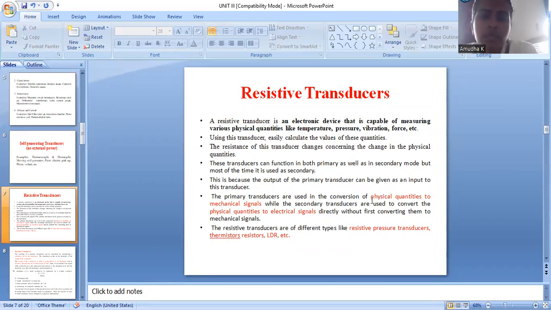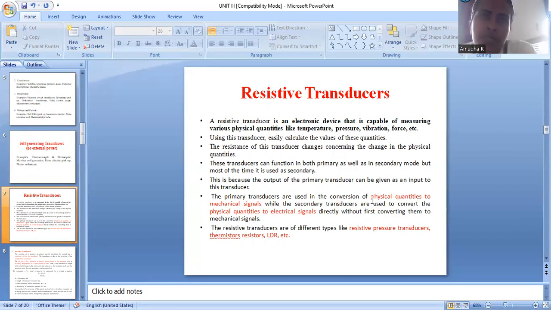These transducers can function in both primary as well as secondary mode, but most of the time they are used in secondary mode, because the output of the primary transducer can be given as an input to the secondary transducer. The primary transducers are mainly used to convert physical quantities into a mechanical signal, while the secondary transducers convert the physical quantities directly into an electrical signal without the first conversion.